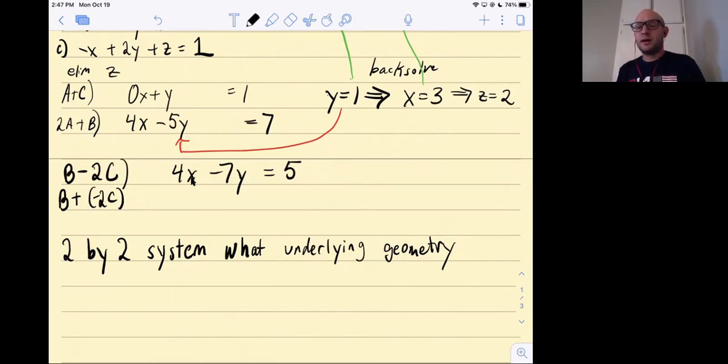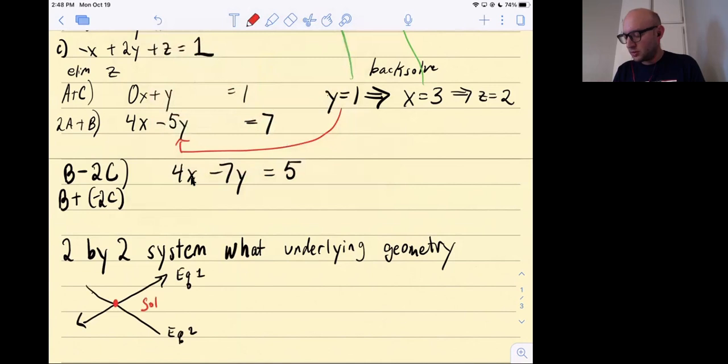Yeah, in a 2x2 system, the underlying geometry is that each equation represents a line, and we want to see where two lines cross. So this is line A, this is equation 1, this is equation 2, and the little red dot is the solution. Right?